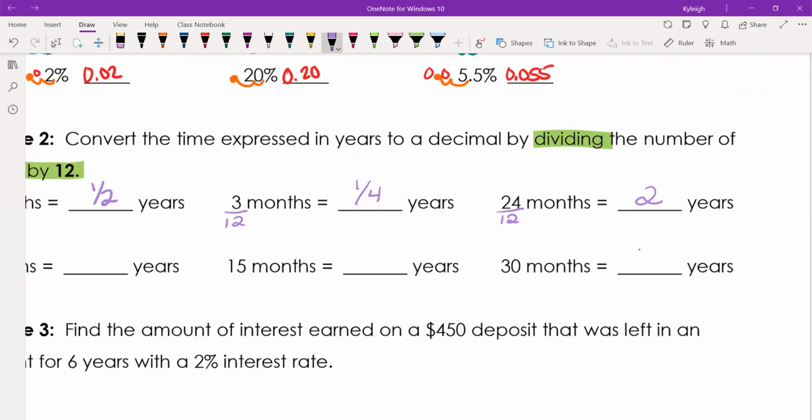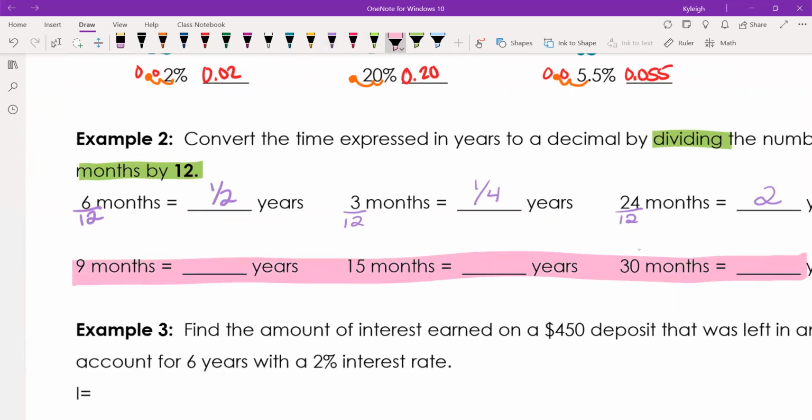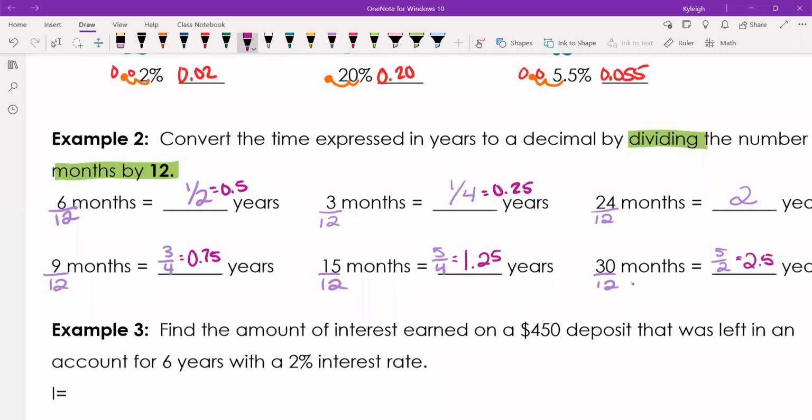Okay. So I want you to take each of these bottom numbers here and figure out how many years it is. If you end up getting a decimal, that's okay, or if it's an improper fraction, that's also fine. So try those bottom three, pause now. All right, so I put the answer to both.